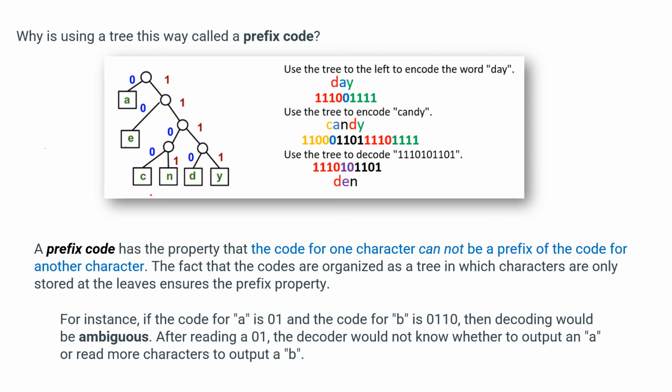So the decoder wouldn't know whether that's an A or if we're just on our way to getting a B. So that would be the case where one letter's code is a prefix for another letter's code, and that's when we couldn't decode. So we would not consider this a prefix code because we could not decode like we have.